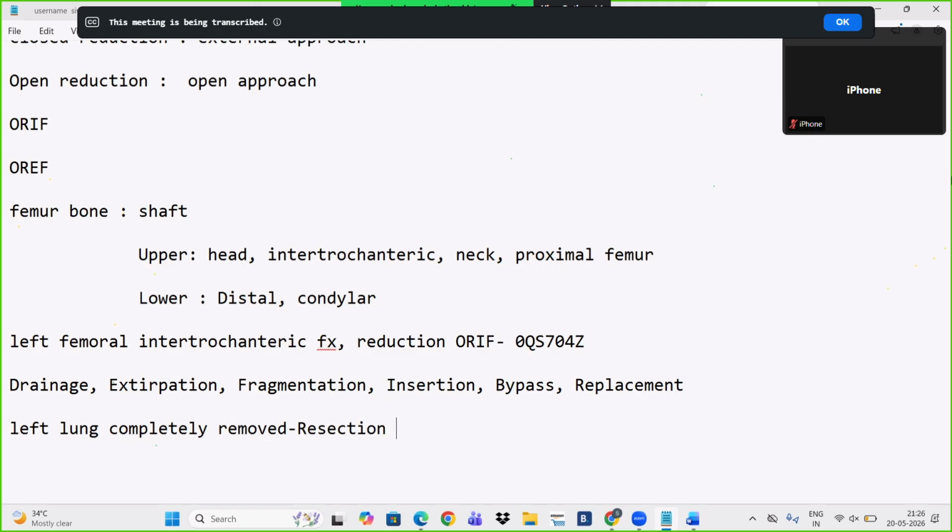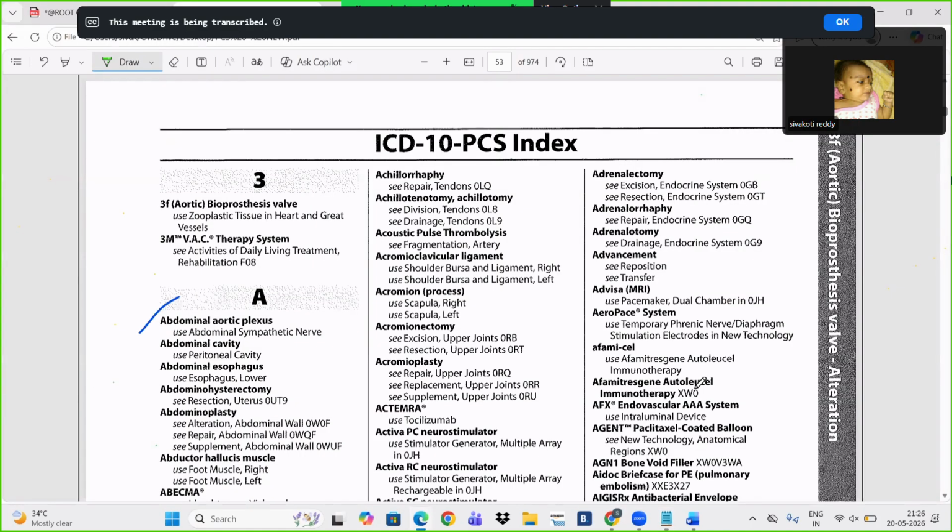Now you need to go for the resection heading in the book. Go to the resection heading in the book. Have you find resection heading in the index or not? Yes, sir.